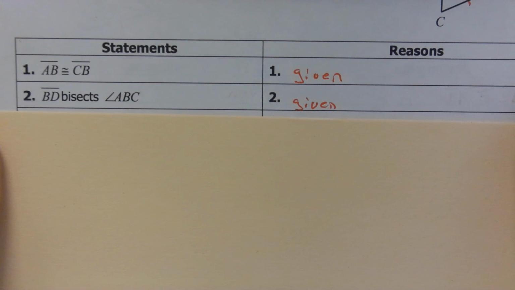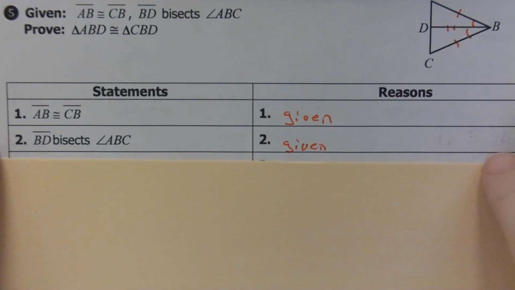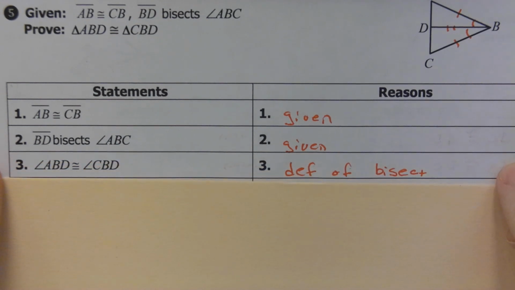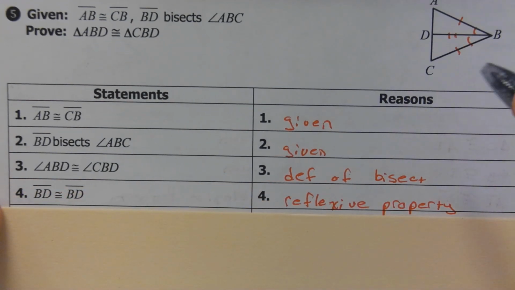Well, based on this, we can do the two angles, ABD and CBD, by the definition of bisect. It means it cuts it into two equal parts. And from there, with the reflexive property, we can say BD is congruent to BD. And then we have our side, angle, side.